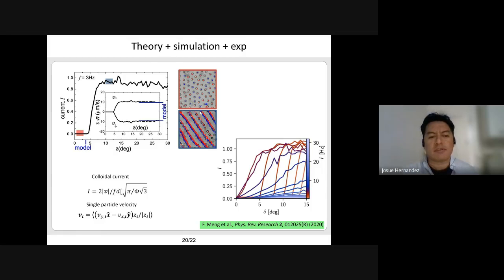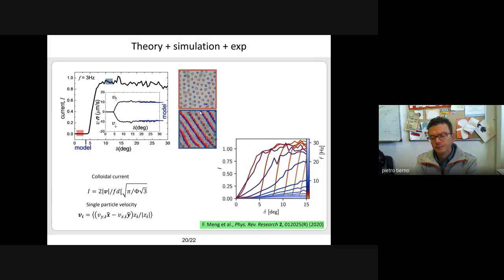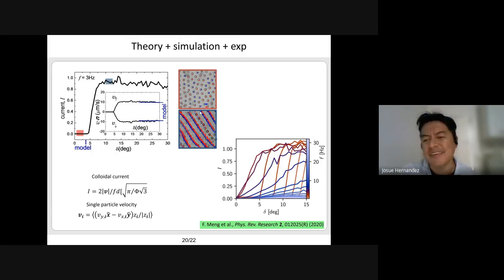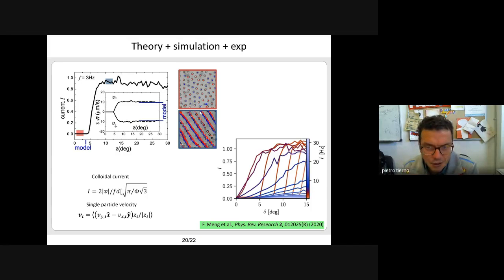The question was, did you try to combine different kinds of particles or different properties, or even try a system with particles not just in water but maybe in liquid crystal, which also increases the complexity? Yeah, this is an interesting question.